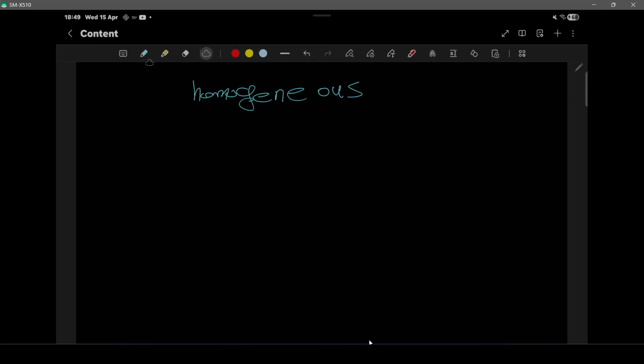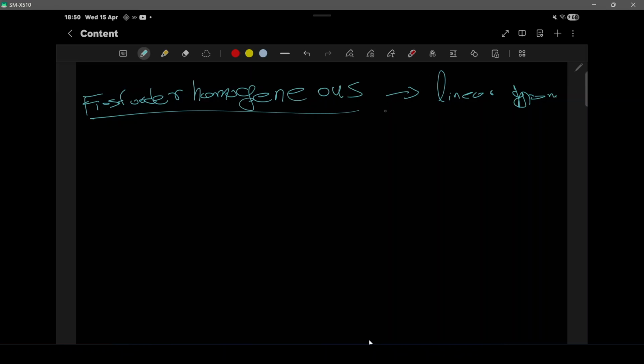Here we are going to talk about first order homogeneous. Also there is another thing called linear homogeneous and non-homogeneous. These two are not the same. What does this mean in first order homogeneous?